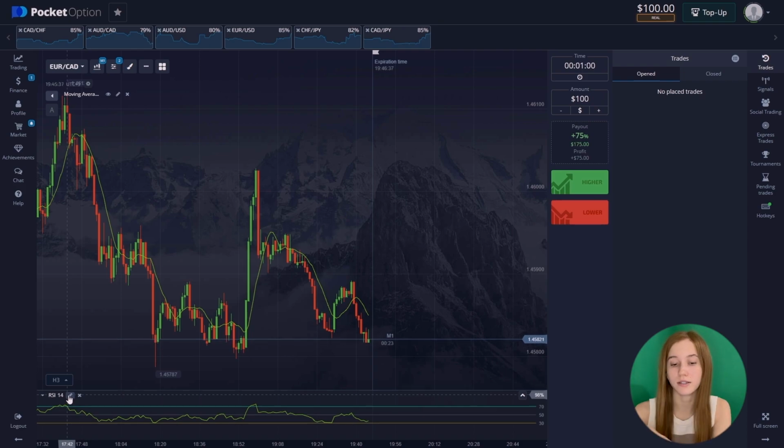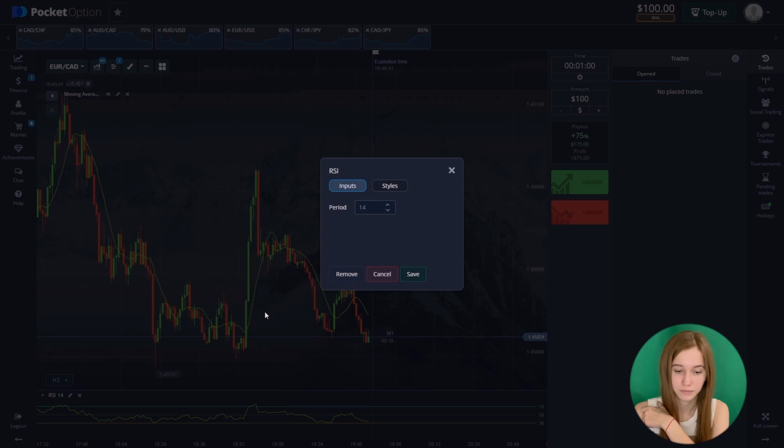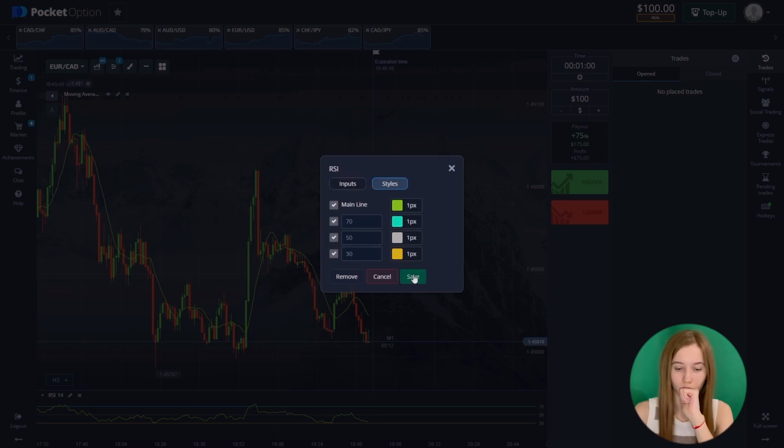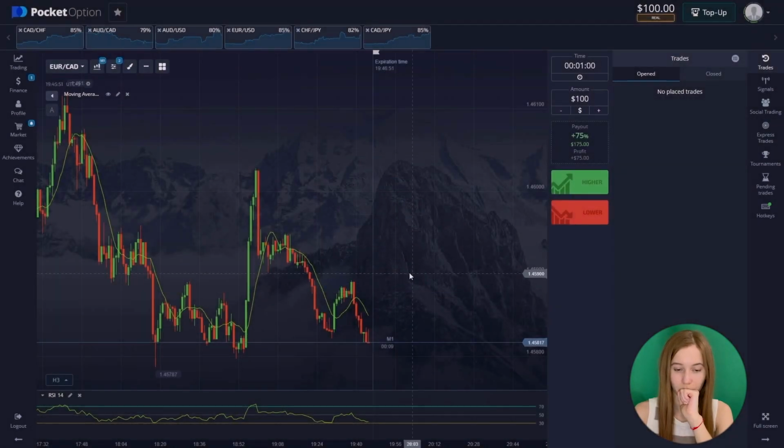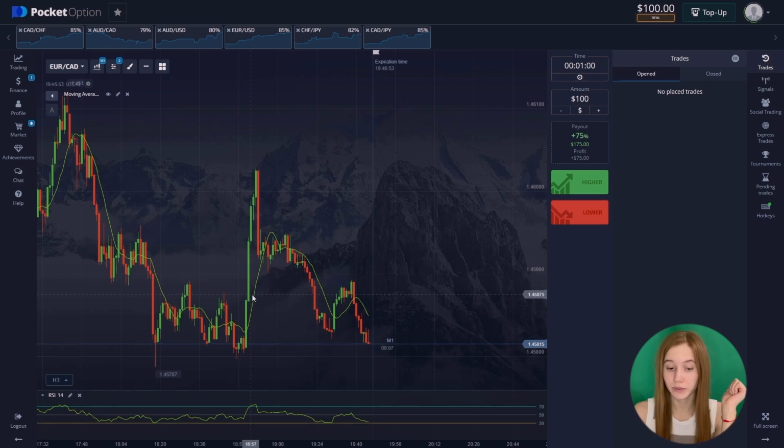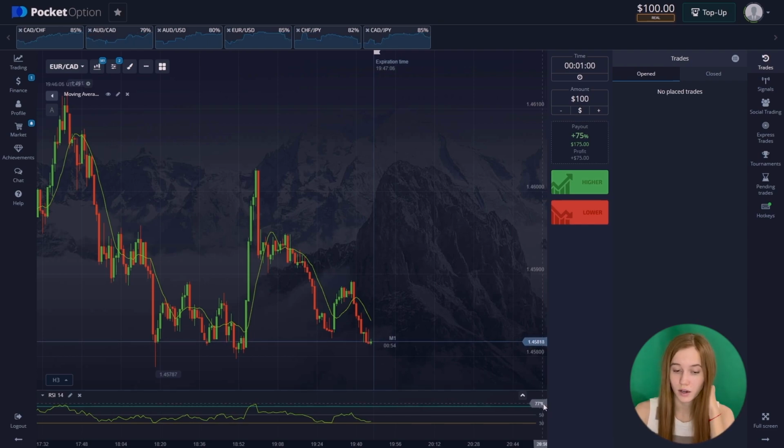The next indicator is RSI. The settings, at the bottom of our screen, we see it. This is a tool that measures the ratio of upward and downward movements and standardizes the calculation in such a way that the index is expressed from 30 to 70.